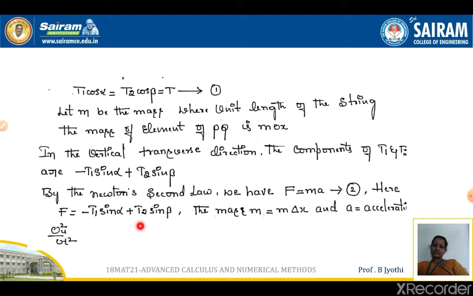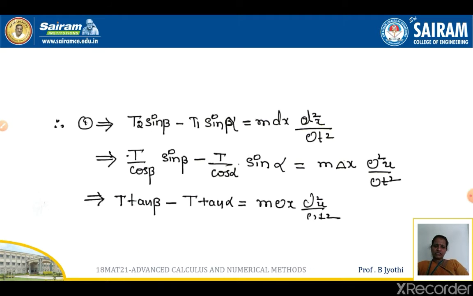So we get T2 sin beta minus T1 sin alpha is equal to mass into acceleration, where mass is given by m delta x and acceleration is given by dou square u by dou t square. The same thing, that's the same thing we have written here also, m delta x of this one.